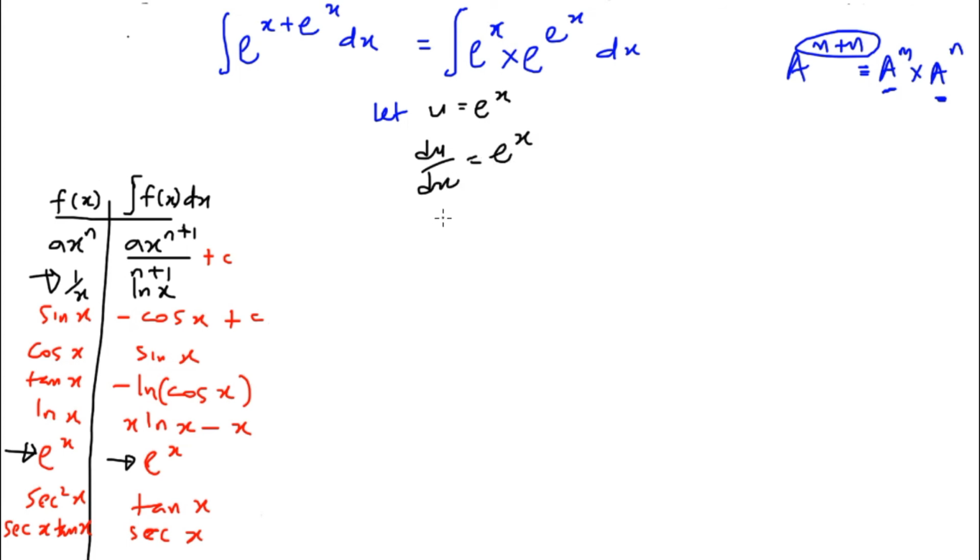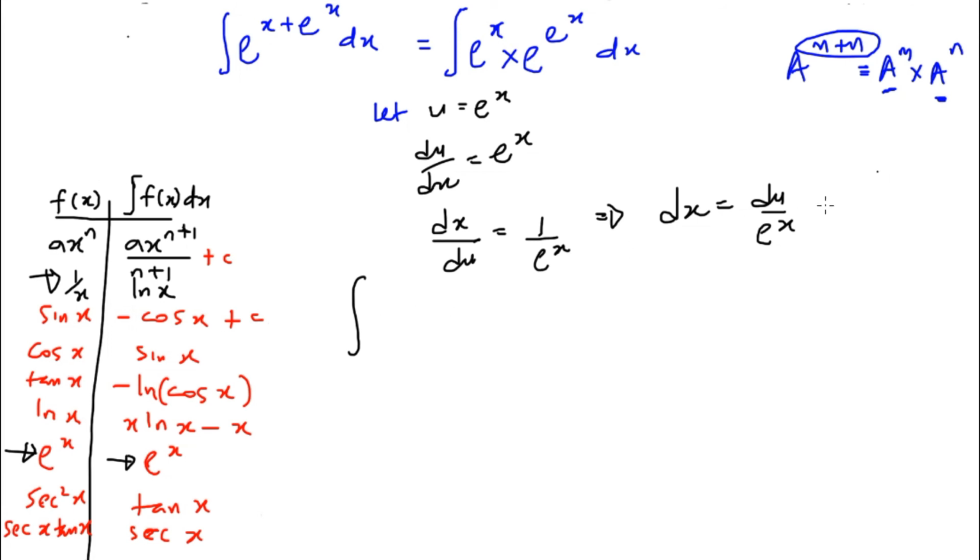Exponential x. So I need to make dx the subject of the formula, which is by reciprocating. dx will be equal to du over exponential x. So eventually I can go back to the question and rewrite it.